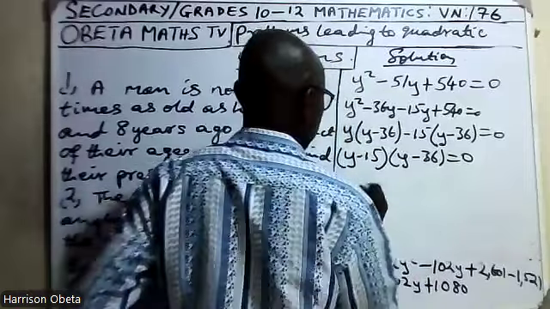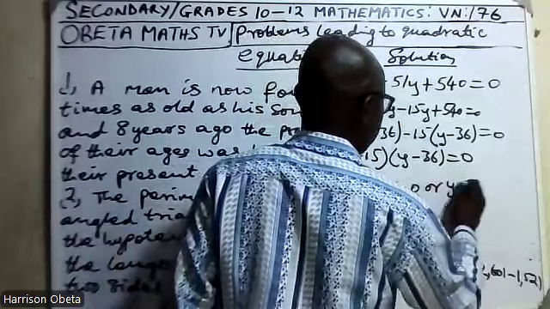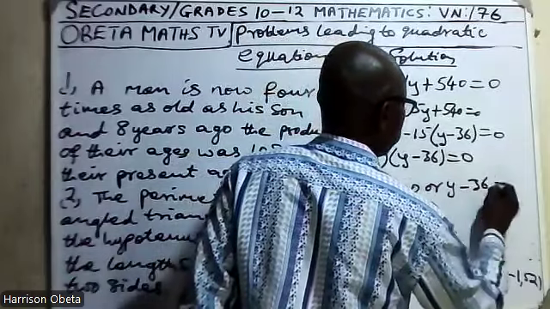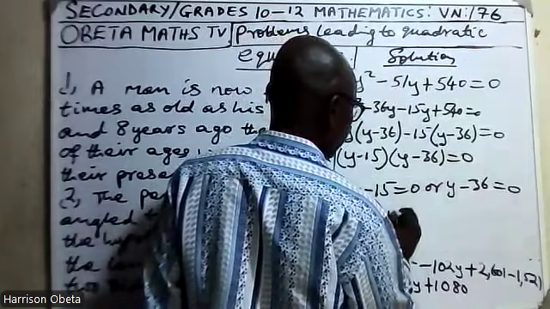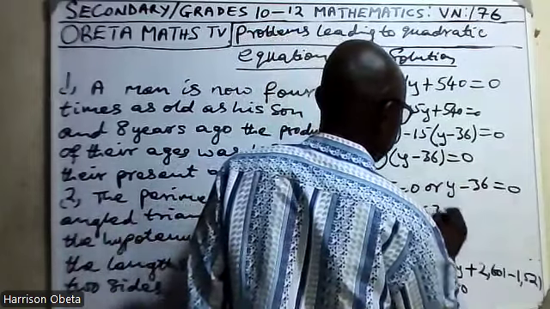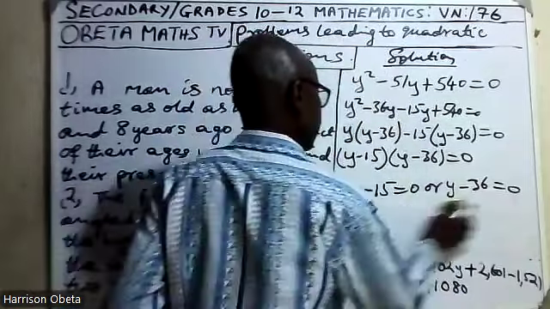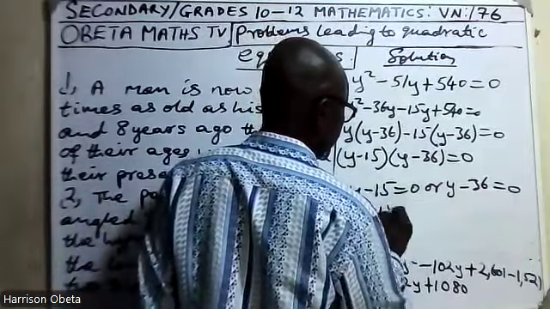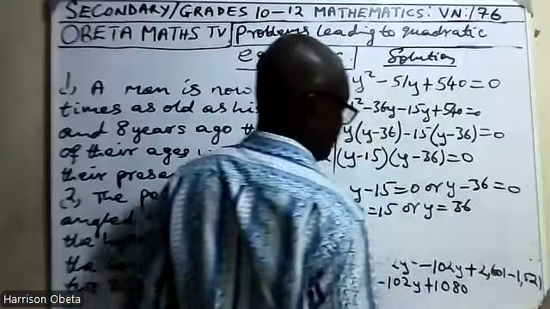Moving on, we have y minus 15 is 0, or y minus 36 is 0. Therefore, y is either 15 or 36. That is, let me rewrite it. Y is either 15 or y equal to 36.